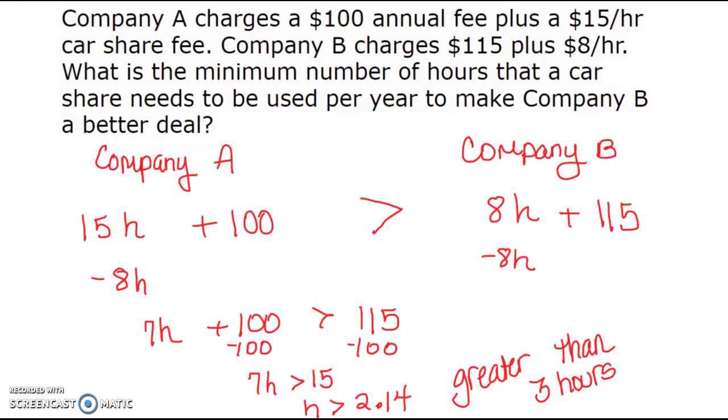I can turn that into a wonderful linear inequality here, and I can solve it for h. Got my h's to the same side. Got my constants to the same side by subtracting 100. Ended up with, as long as the hours were greater than 2.14, or I could say greater than 3 hours, would make Company B the better deal.